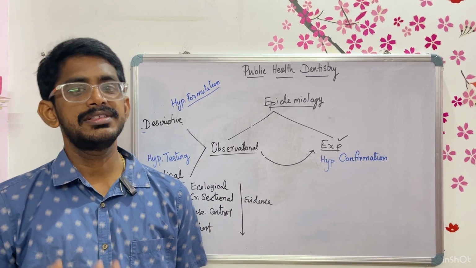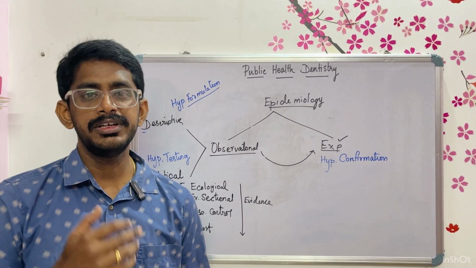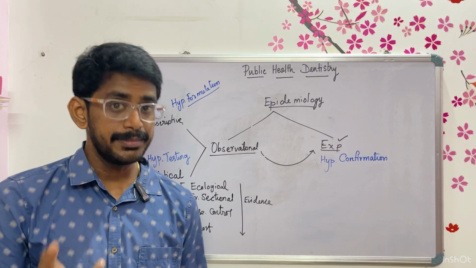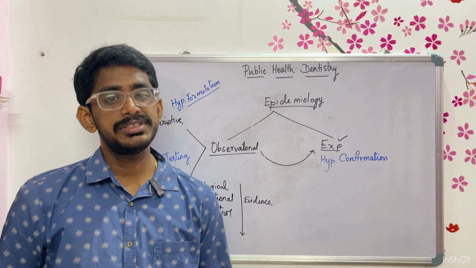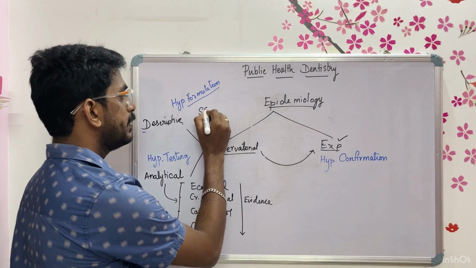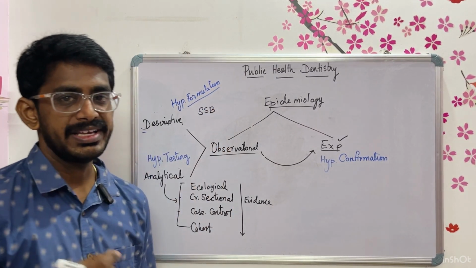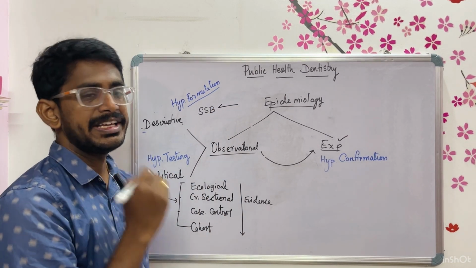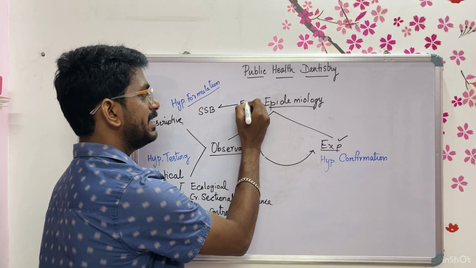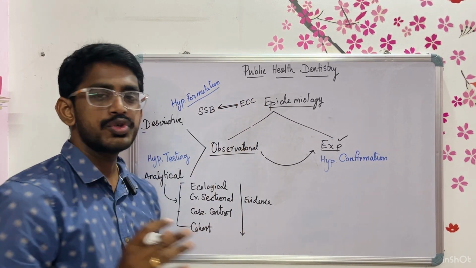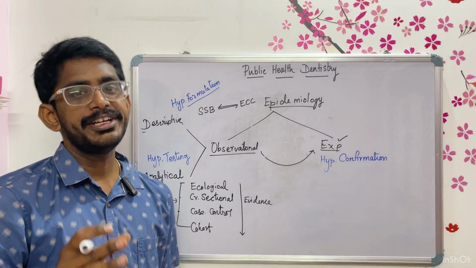So the scholars or epidemiologists around the world, they first formulate a hypothesis. Okay, in this example, the hypothesis that we formulate is like sugar sweetened beverages, okay, SSBs, are linked with dental caries or rampant caries, or maybe I can write ECC. Okay, so this is a formulated hypothesis.